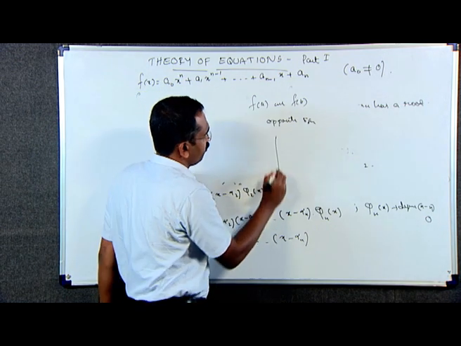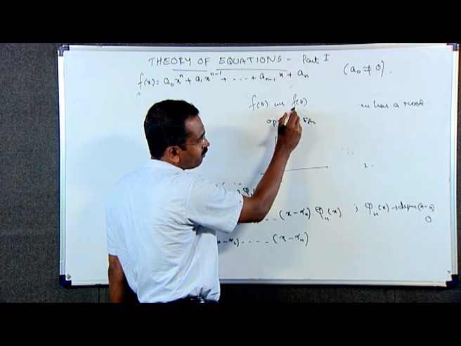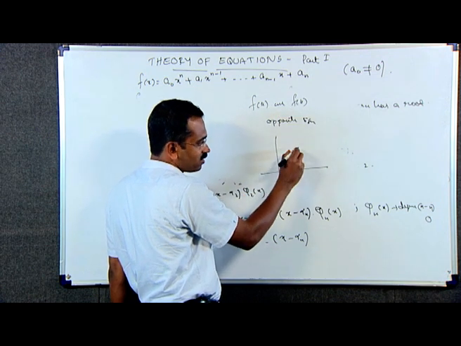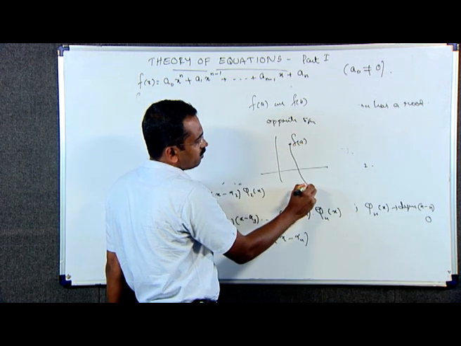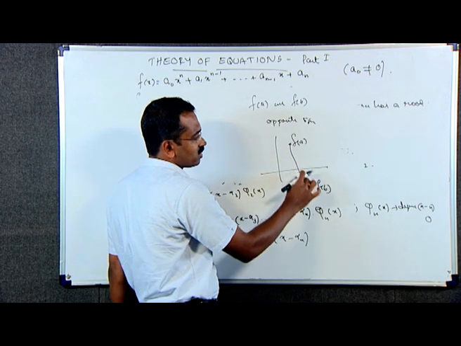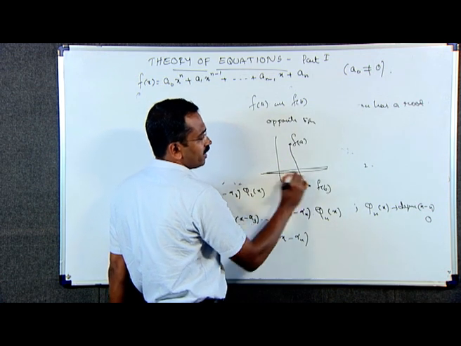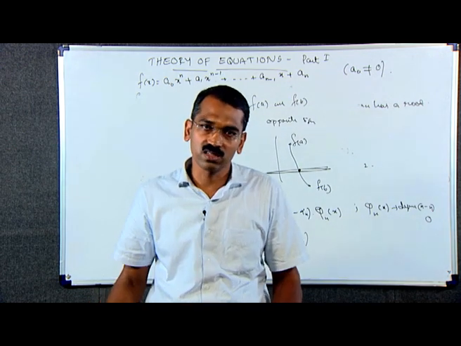Because f of a and f of b are of opposite signs, it means f of a may be here, and f of b may be here. Therefore, this graph will touch the x axis at one point, obviously at least one point.